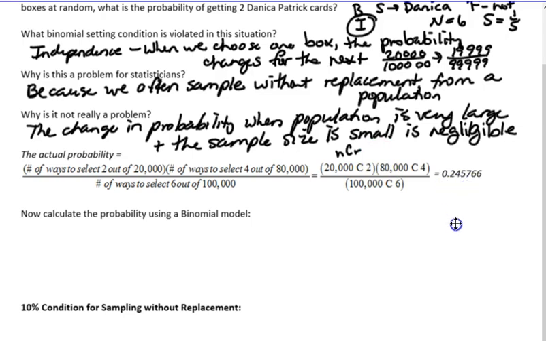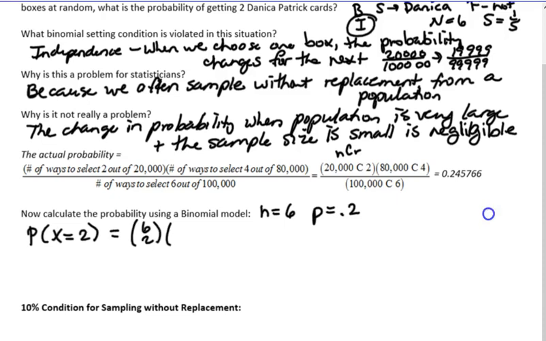Now, if we use the binomial model to calculate the probability, we would say n equals 6, probability of success is 0.2, 1 out of 5, and we want to find the probability that x equals 2, 2 out of 6. So we would have 6 select 2 times 0.2 to the second times 0.8 to the fourth.